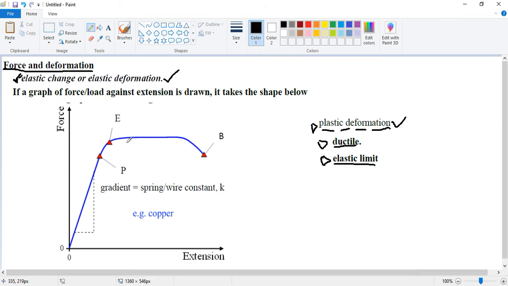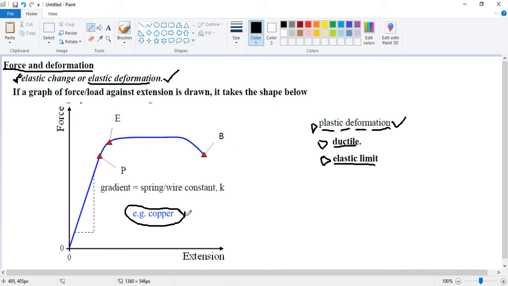A good example of materials which undergo elastic deformation is copper. And that's why you have seen copper being used many times in the wiring systems of your homes. Copper wires are used almost every day in our everyday life.